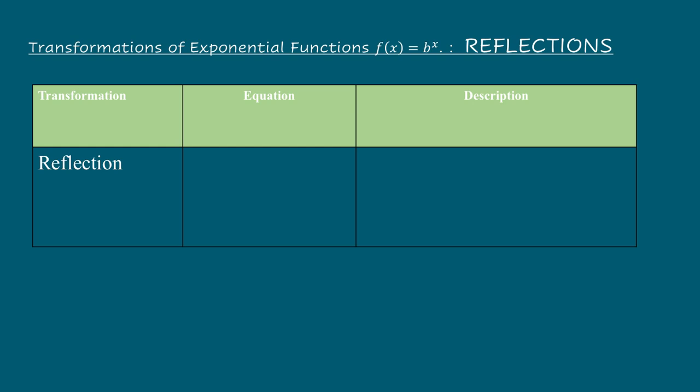I can also reflect the exponential function with a change. If I change the sign of my base, I can reflect about the x-axis. So if I have my original function, and instead of f of x equals b to the x, I change it to f of x equals negative b to the x, then that is going to reflect f of x about the x-axis.